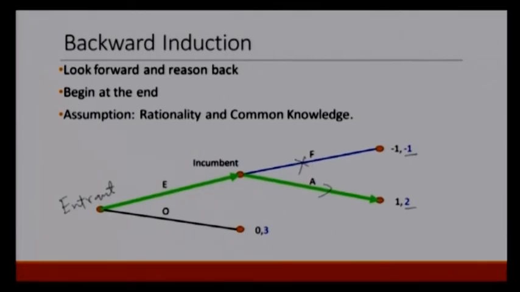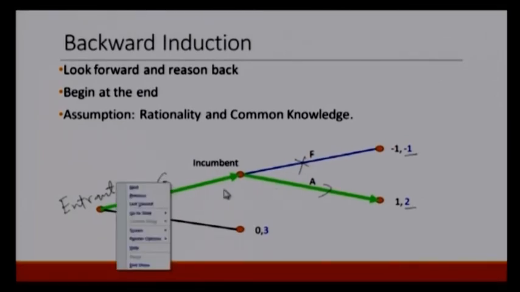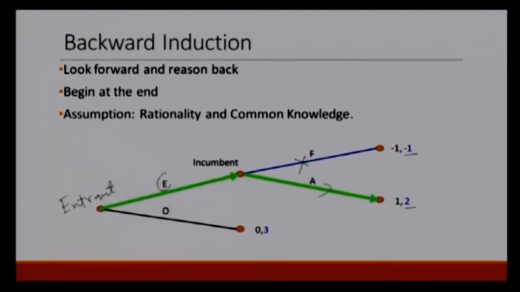Of course, before that, let us say that the entrant has not taken either of the actions E or O, but the entrant knows that the incumbent is a rational player, and given an opportunity to move at this point, the incumbent is going to accommodate. So, the entrant knows that if he takes the action E, the game would move in this direction and the payoff would be 1 for the entrant and 2 for the incumbent, and if the entrant remains out then the payoff would be 0.